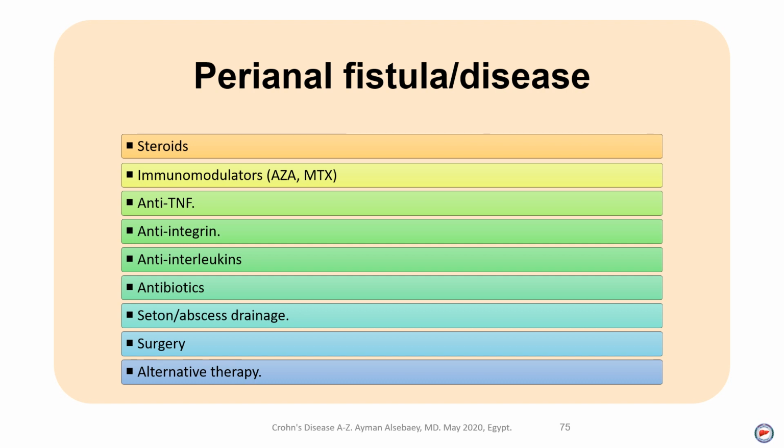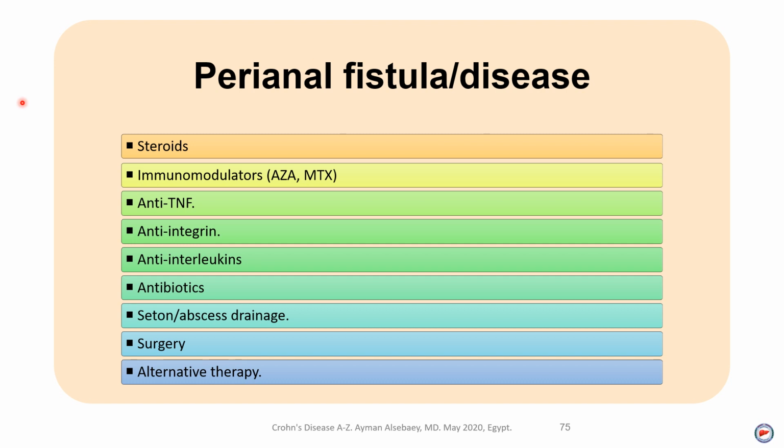Now we will come to a very important issue: how to treat perianal fistula. Perianal fistula, if you find it from the start in a patient with Crohn's disease, will need a different algorithm for treatment.